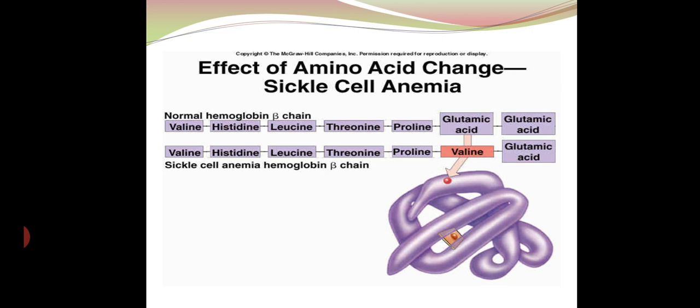In the normal hemoglobin beta chain, the 6th amino acid is glutamic acid. In a sickle cell anemic person, the 6th glutamic acid has been replaced by valine. So, this condition is known as sickle cell anemia. The RBC becomes sickle shaped and doesn't carry the oxygen molecule.